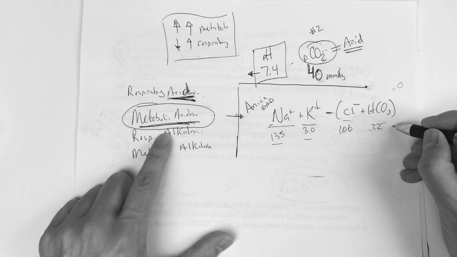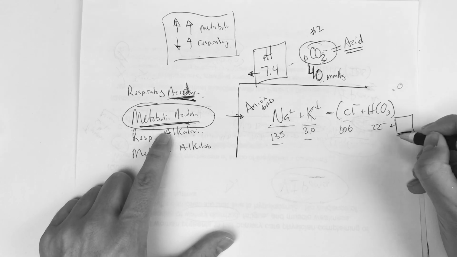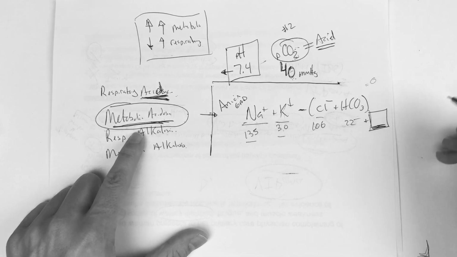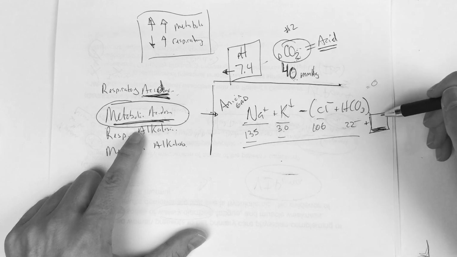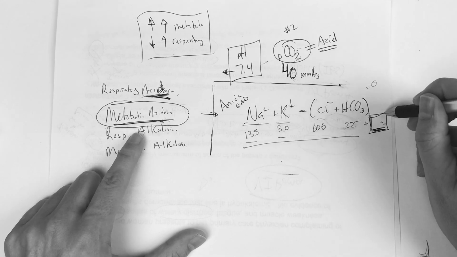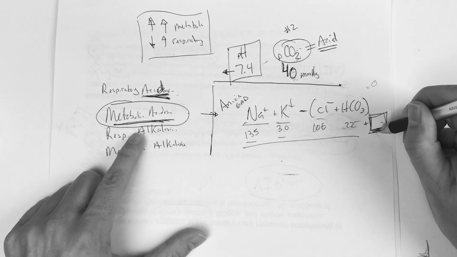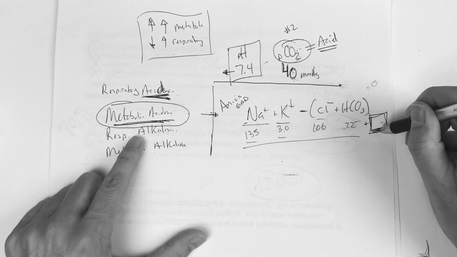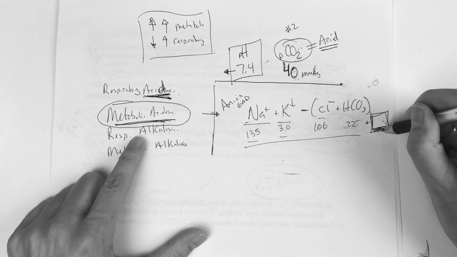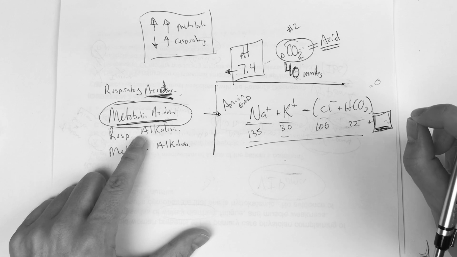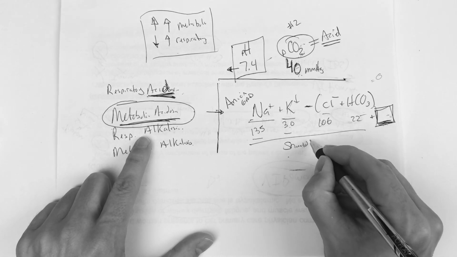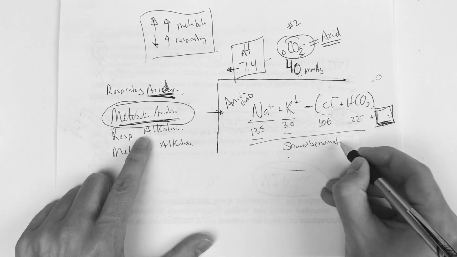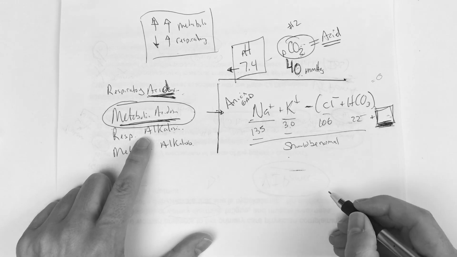But there are some other anions that are not accounted for in this formula, and what this little box makes up determines whether it's a normal or a high anion gap, and that helps with the diagnosis. So this should always be normal, and it is. We just don't know what's in this box.